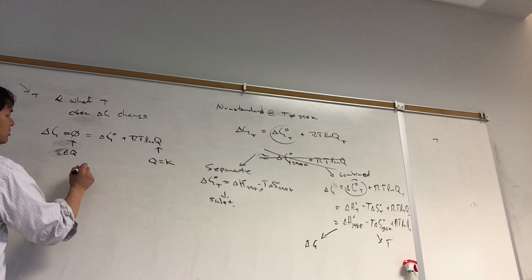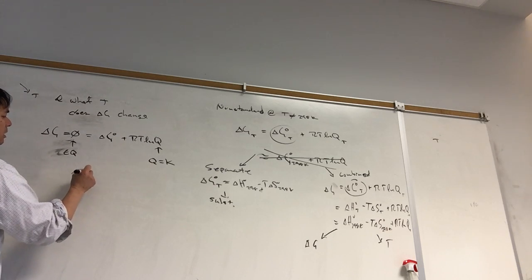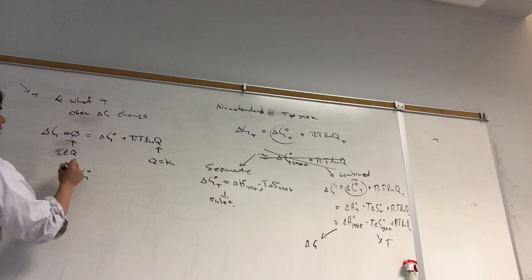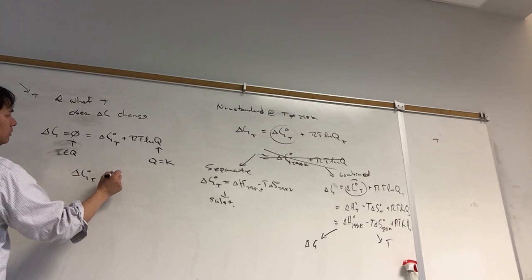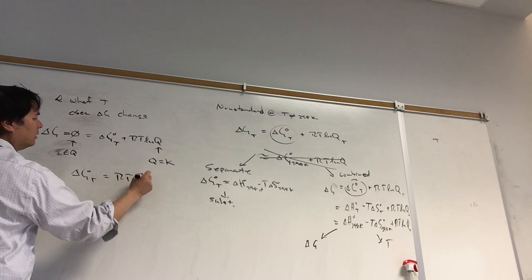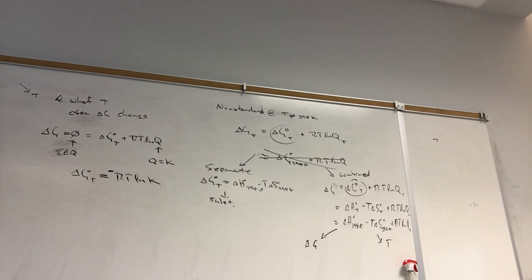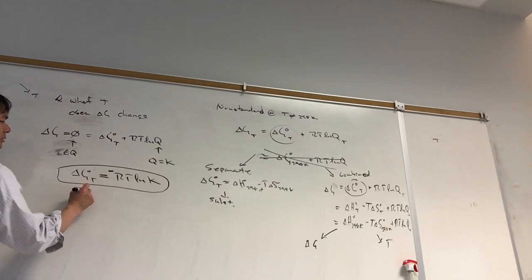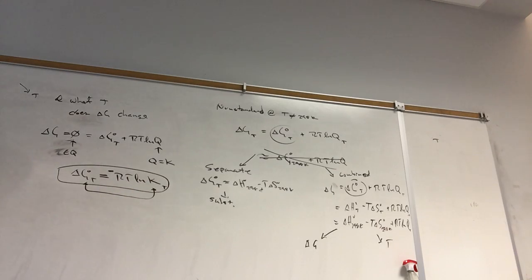And so I can substitute that in. And so this is going to be delta G naught at temperature T is equal to negative RT ln of K. Just subtract it from both sides. Okay, so we could get this.